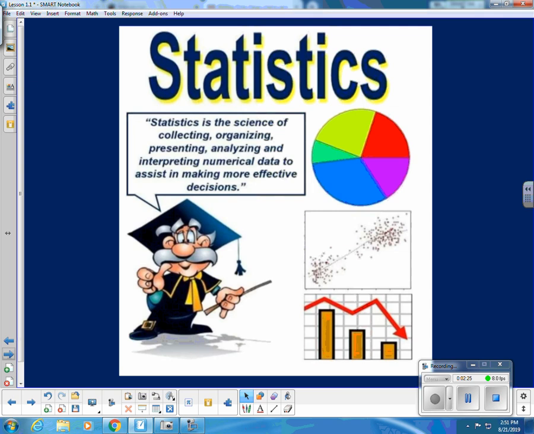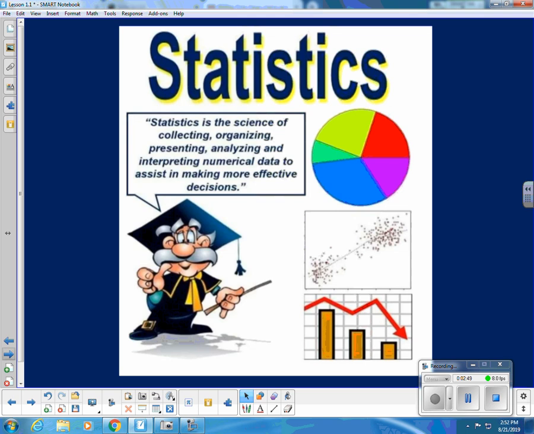So statistics is basically the science of collecting, organizing, presenting, analyzing, interpreting numerical data to assist in making more effective decisions. In every aspect out there in the world, you're going to be able to find statistics. Whether you are in the medical field, the education field, the economic field, you can't get away from it.